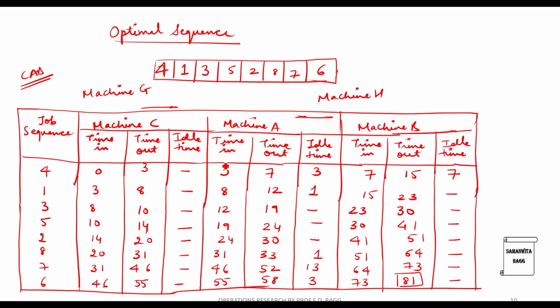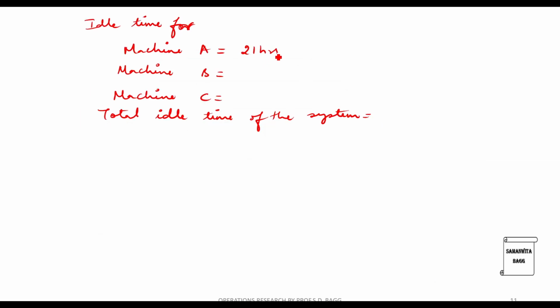So we'll start with machine A. We can see here 3 plus 1, 1, 13 and 3. When you add all of this, you will get the answer as 21. So this becomes 21 hours.